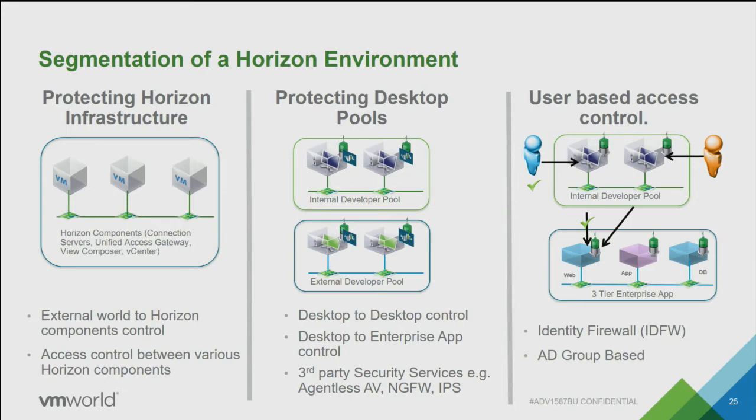With NSX, this becomes extremely simple, whereas with physical centralized firewalls, this would be a complex endeavor with hundreds or potentially thousands of rules that would be necessary to do so. We also allow for capabilities that tie in third-party services such as agentless AV, next-generation firewalling, and IPS IDS, which we'll talk a little bit more about as we go forward.